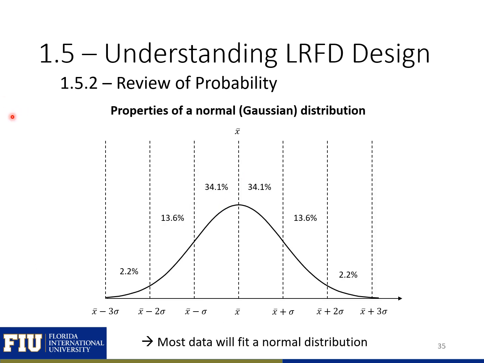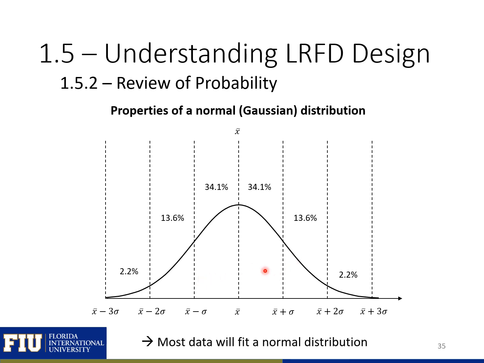Most data sets will fit a normal Gaussian distribution, shown here. So in this distribution, we can figure out the total amount of observations that are contained within any number of standard deviations away from the mean. So if we're 1 standard deviation away from the mean, we have about 68% of our observations contained.